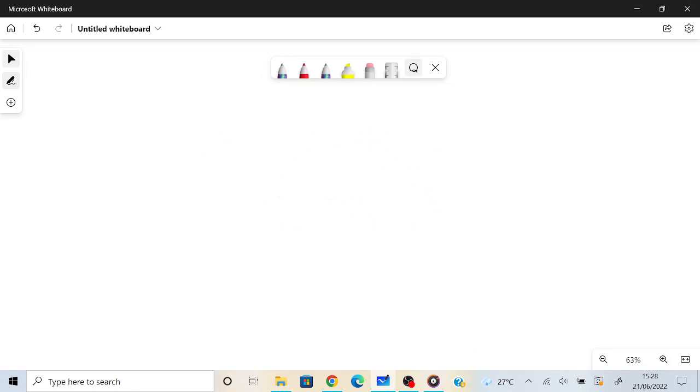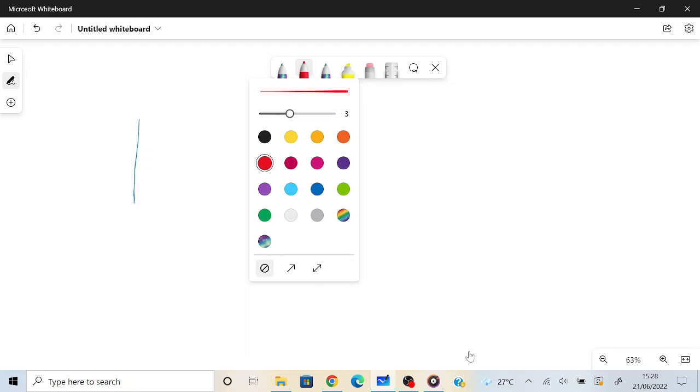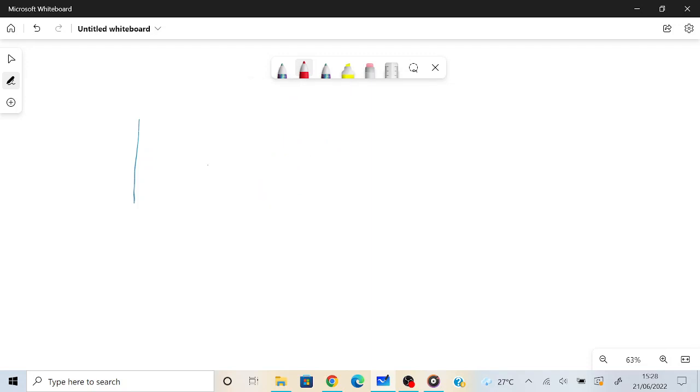So before we go into examples, let's see what exactly I mean by non-right angled triangle. We know that a right angled triangle looks something like this with a right angle.